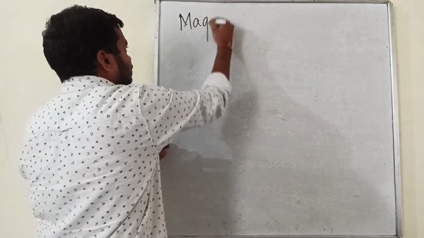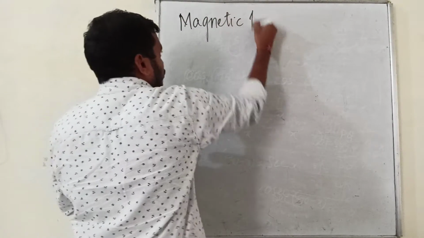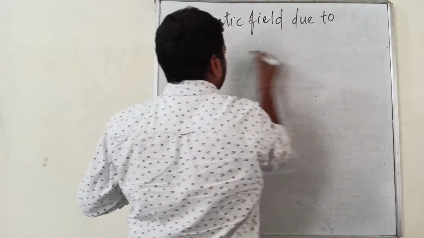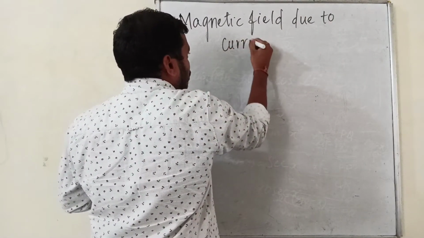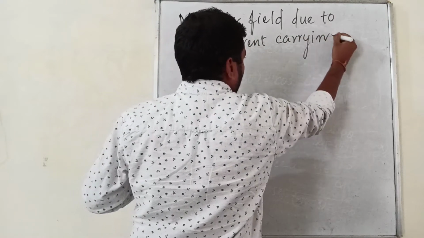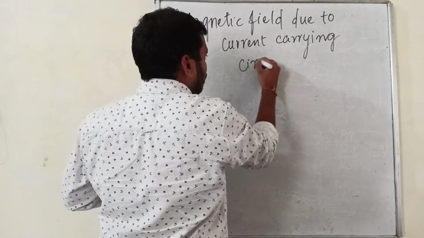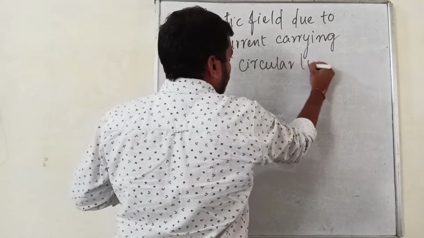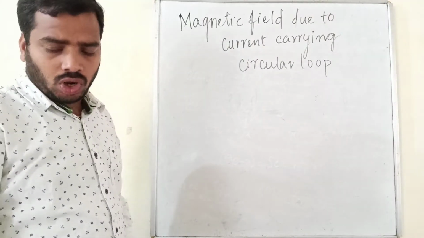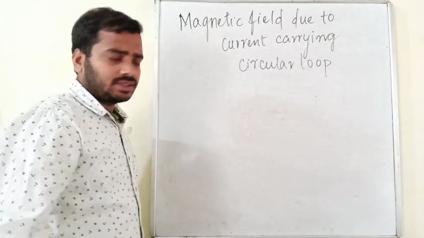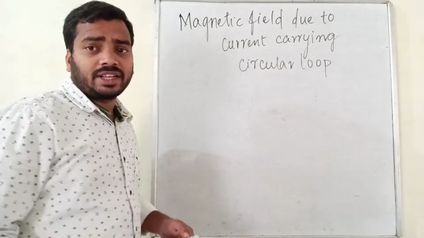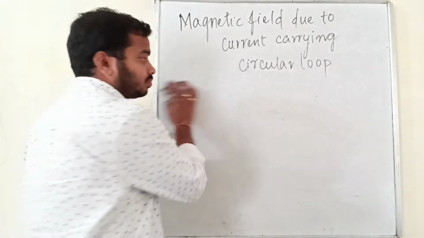Magnetic field due to current carrying circular loop. So how exactly a circular coil can produce a magnetic field, we shall see right now.